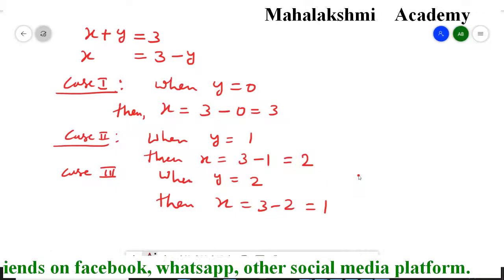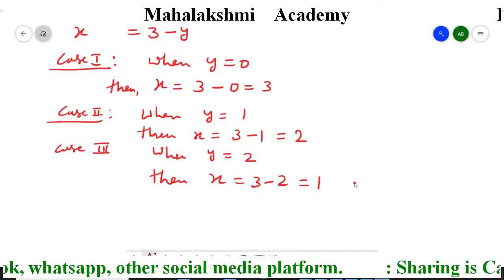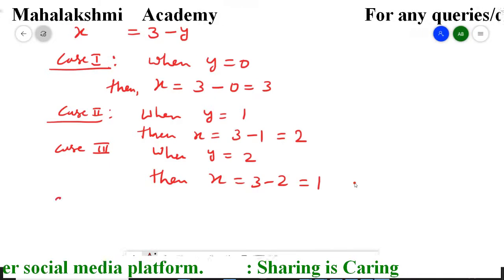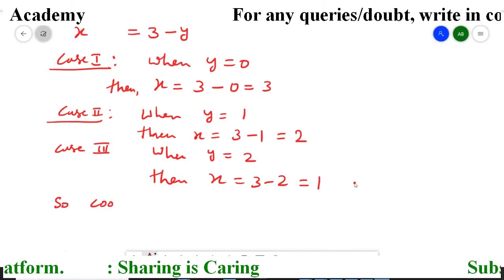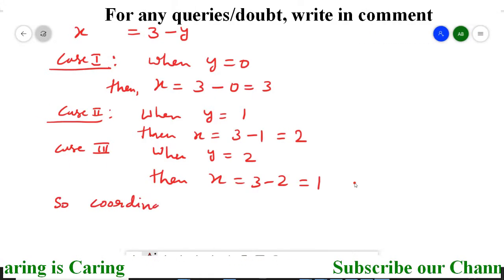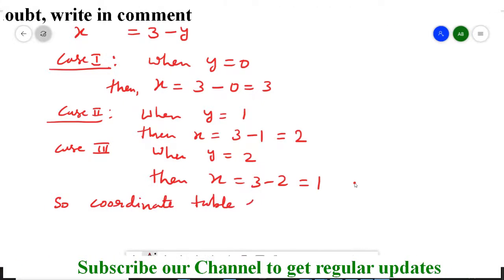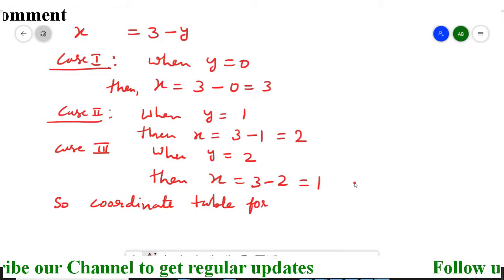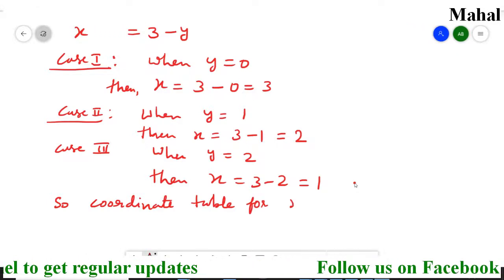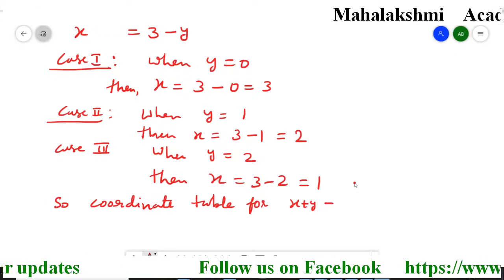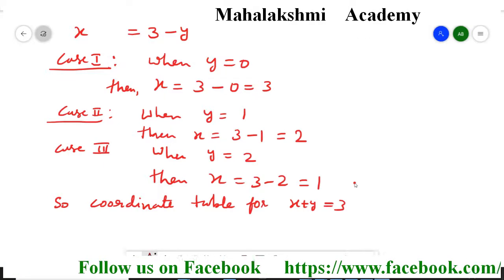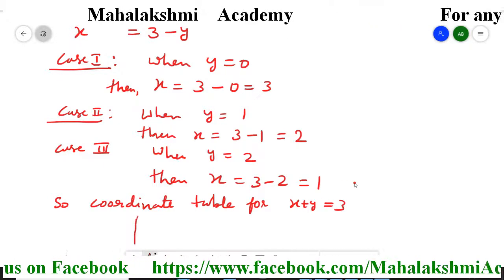Now we are going to create the coordinate table. So we will write here: coordinate table for equation first. The equation first is x plus y equal to 3. So like this we have to form the coordinates.